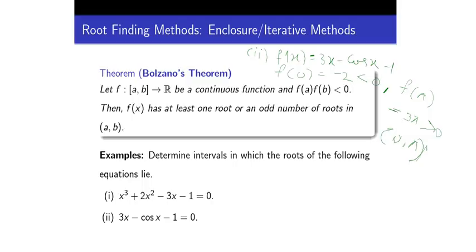Again, this is a function, the sum of 3x minus 1, a polynomial, and a cosine function. The sum of two continuous functions is continuous, and this is a very nice function again. So all the conditions of Bolzano's theorem are satisfied, and the corresponding interval is 0 to pi, where at least one root will be there.